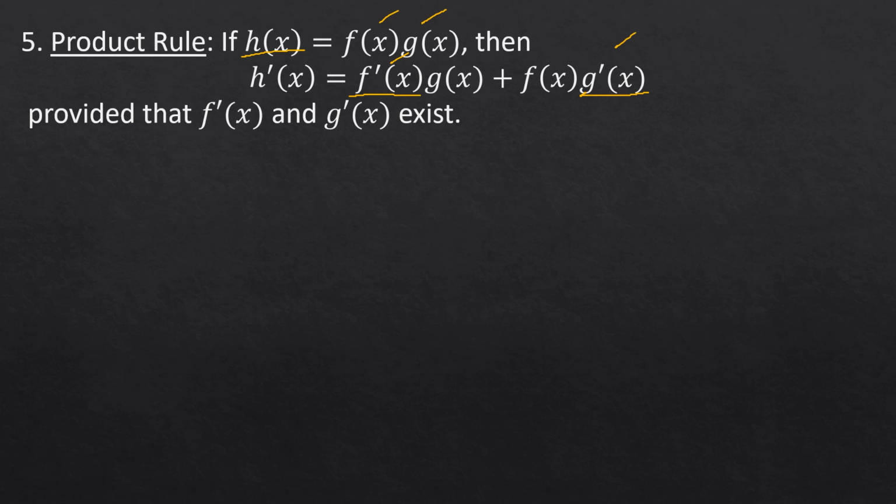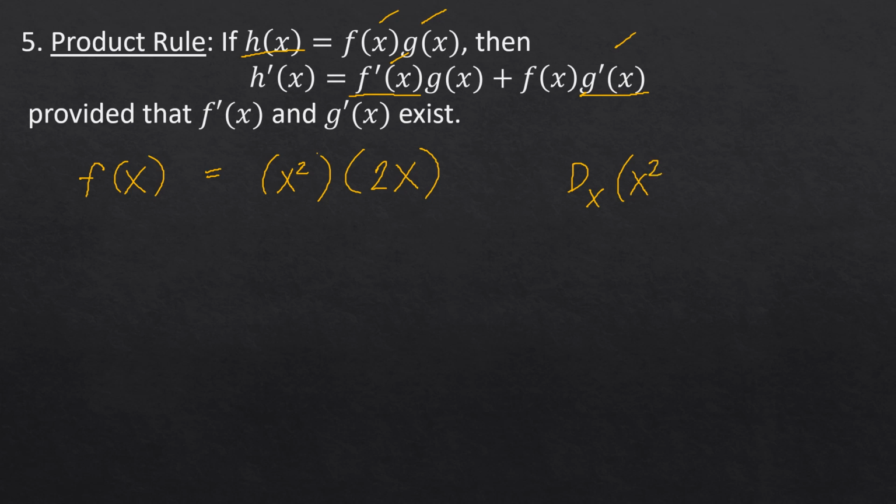So sa madaling salita, ang una mong gagawin dito is to get the derivative of the two functions. So kunwari, if you have f of x is equal to the product of x squared multiplied to 2x. So ang mangyayari dito, if you get the derivative of x squared, the answer is 2x. Now get the derivative of 2x, the answer is 2.